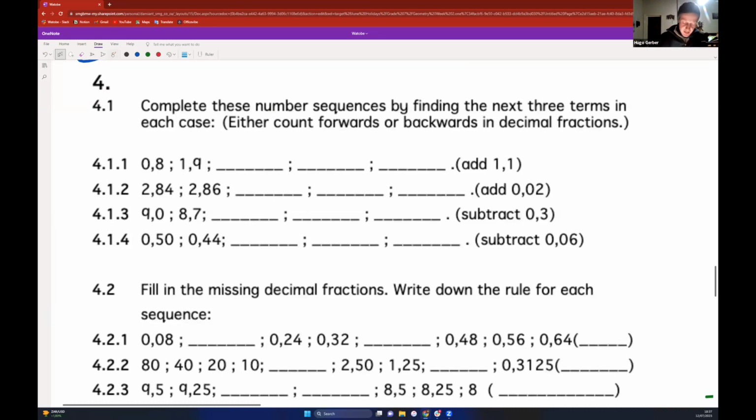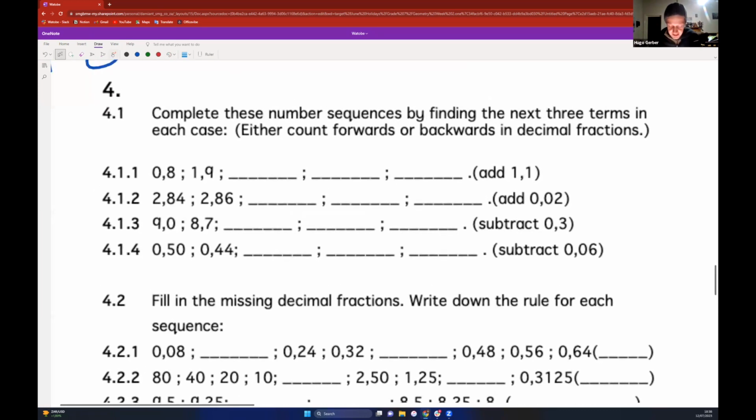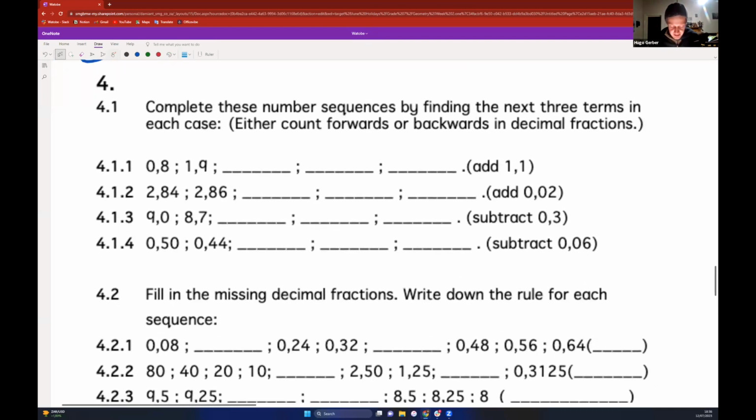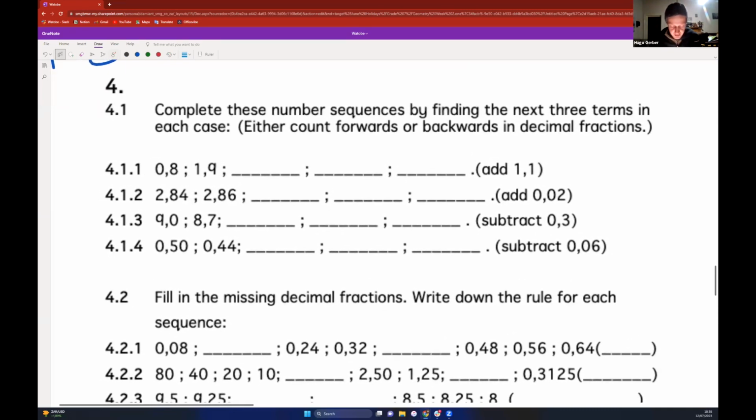Now, this might be new or freaky to some of you, but I'd like for you to give it a shot. Let's try 4.1, and then I do 4.1 with you, and then we give 4.2 a try. Okay, everybody can see the screen, so please give it a go.